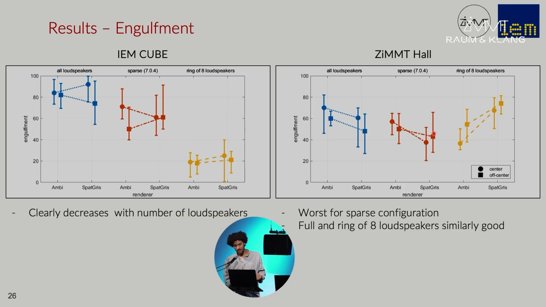While at the Zimthal, we could see that the sparse grid performs a little less well than the other ones. And here the line array and the full spherical array show comparably good results. This is the case because the loudspeakers that are, for example, employed here in these two configurations are higher than the line array loudspeakers.